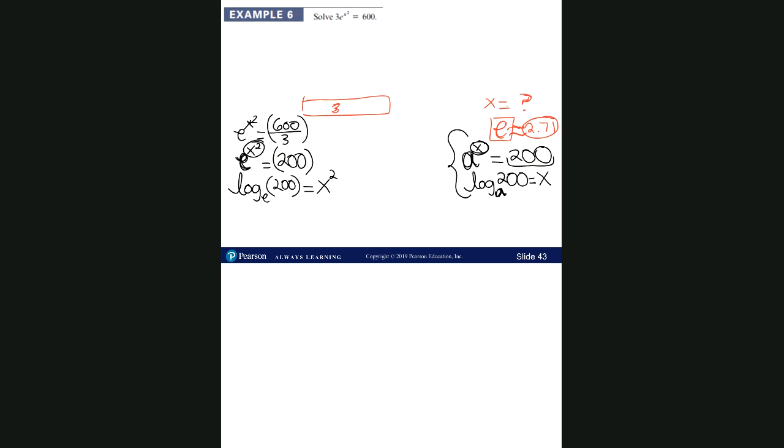Now we do have a special prefix for log base e, and that is ln. So the ln, natural log, of 200 is equal to x squared.